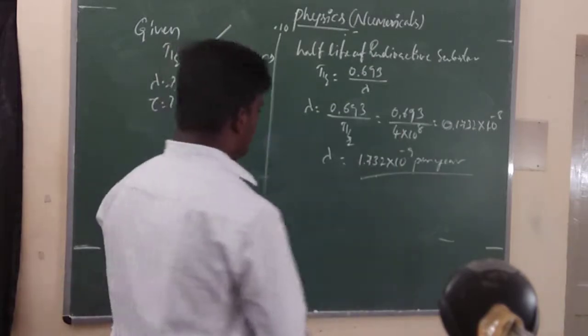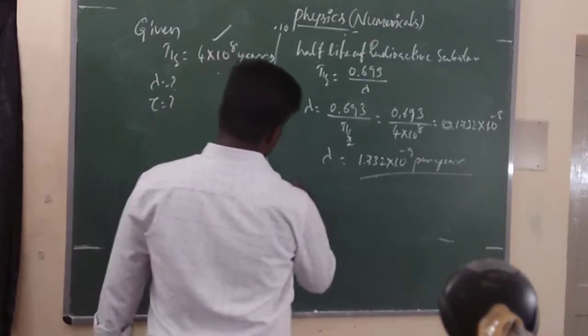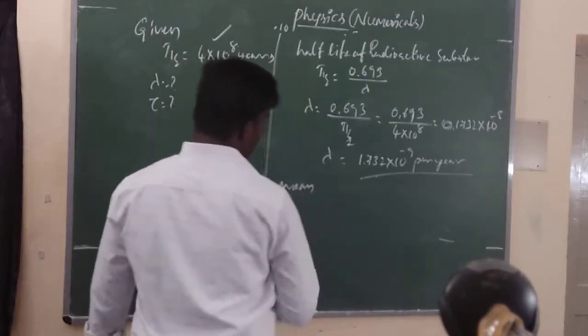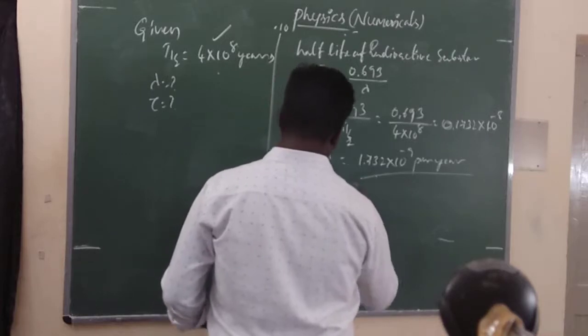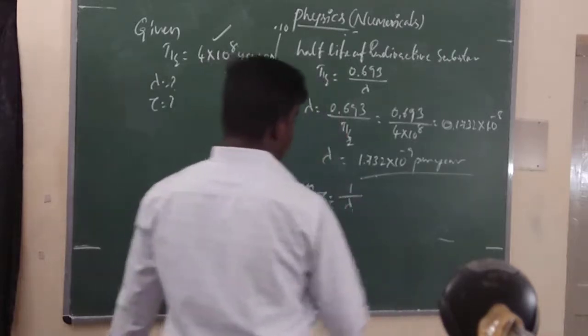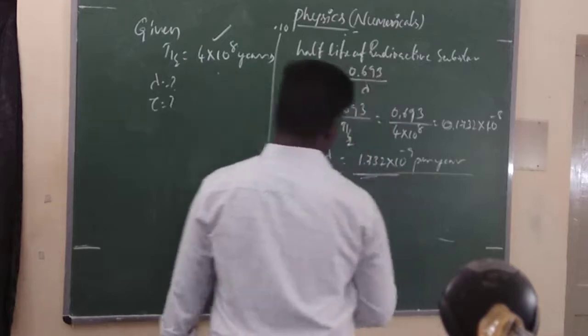Next, mean life. What is the formula for mean life? Tau is equal to 1 over lambda. We know the lambda value.